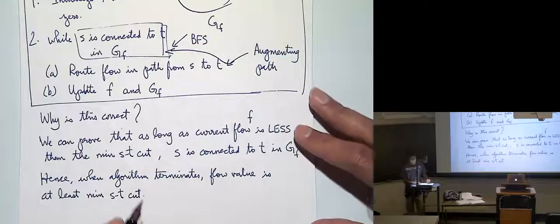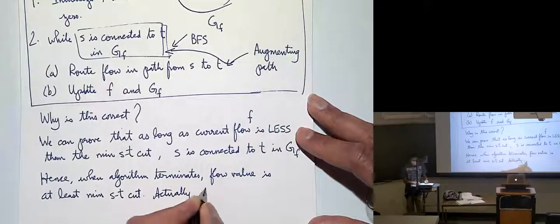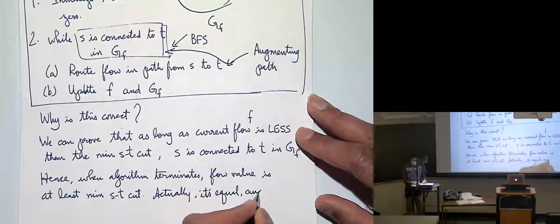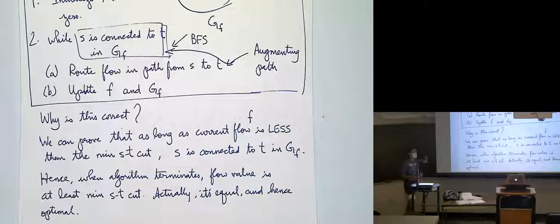But it's actually equal to this, and hence optimal. And the proof of this statement is not very difficult. Like if you look at the residual flow graph, you can kind of make this argument. Okay?